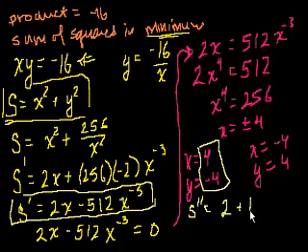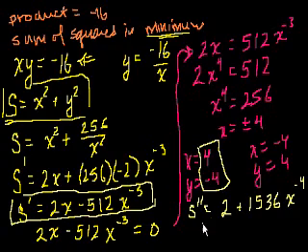Right, plus 1536 times x to the minus 4. Right? I should be writing s as a function of x. I shouldn't be lazy with my notation. These are all as a function of x, but you get the point.